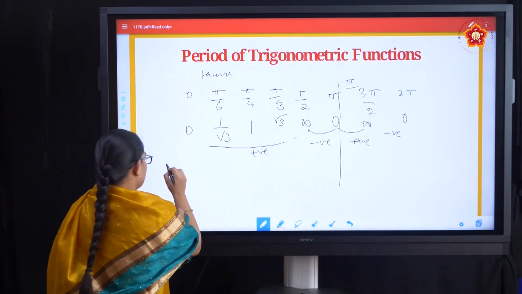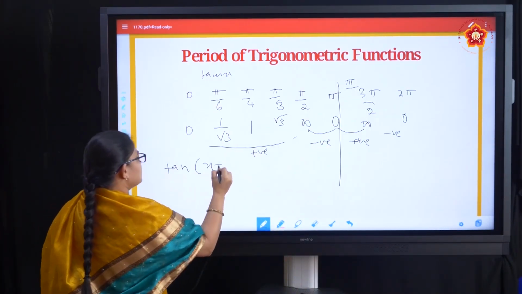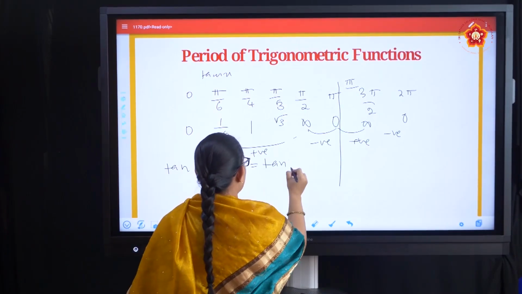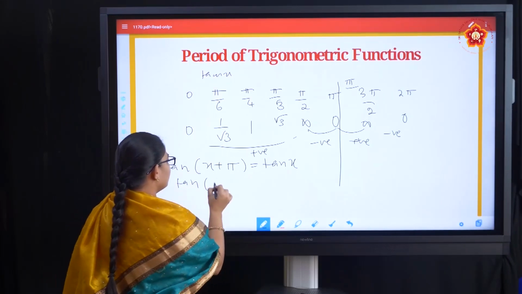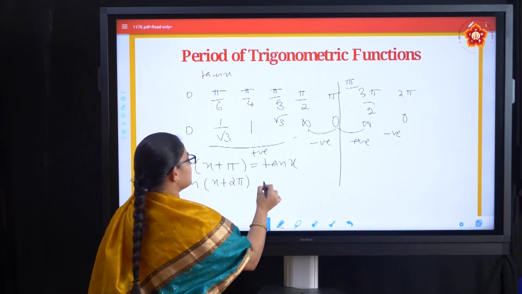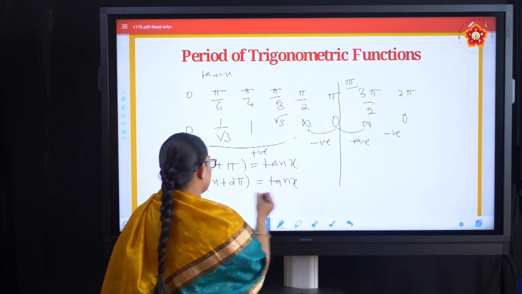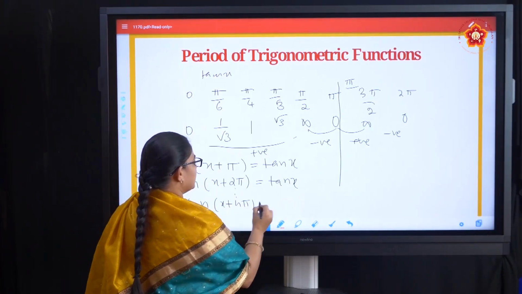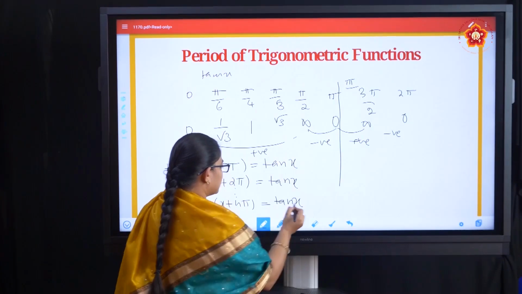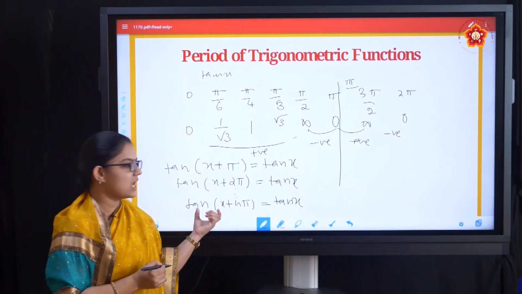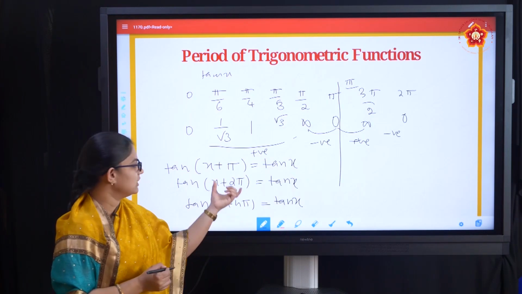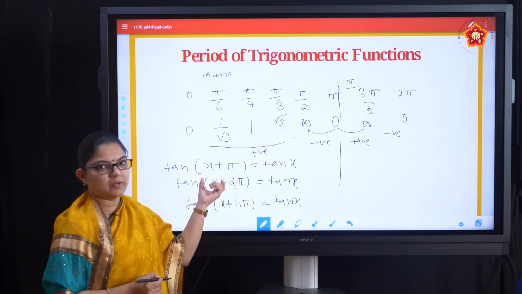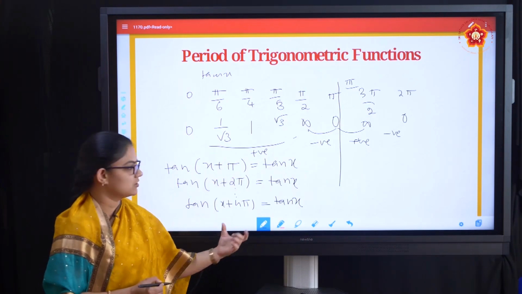So we can say tan of x plus pi is the same as tan x, or we say tan of x plus 2 pi is also the same as tan x, or we say tan of x plus n pi is the same as tan x, that is the value of tan repeats after n pi and the value will be unchanged even if you increase by that particular constant.